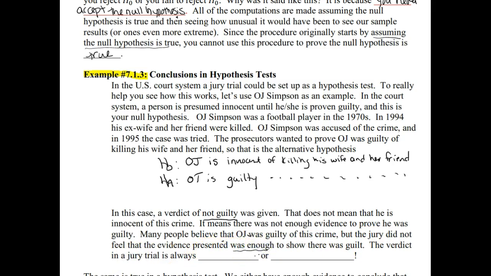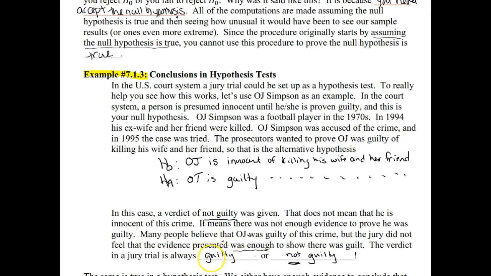It's kind of like our previous example. It wasn't enough to have a sample mean of 490 that was less than 500. That's some evidence, but we need enough evidence to be able to reject H0. The verdict in a jury trial is always guilty or not guilty. These two decisions only differ by one little word, which is not.